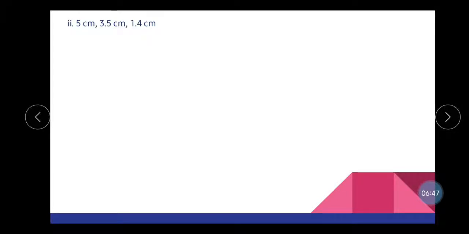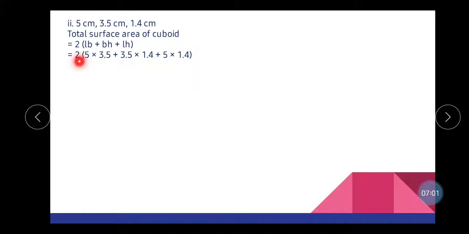Next one, 5 centimeter, 3.5 centimeter, 1.4 centimeter. Total surface area of cuboid is equal to 2 into (LB plus BH plus LH). Substituting the values, we get 2 into (5 into 3.5 plus 3.5 into 1.4 plus 5 into 1.4). First we will be solving the bracket, that means we will be multiplying.